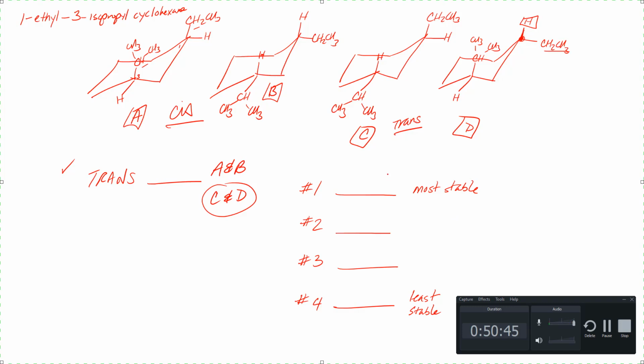Let's start with most stable. Of A, B, C, and D, which one is the most stable? Go ahead and answer that question. And now go ahead and answer which one is the least stable, A, B, C, or D.